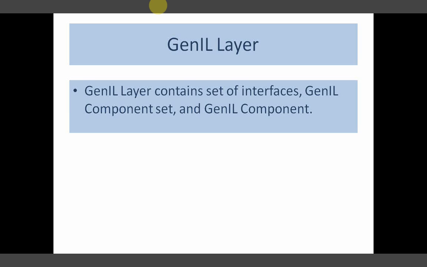The purpose behind that is, whenever the request comes from the bool, they don't want to load all the components that reside in the Genil layer. So it will load the respective component set. In that set, we would have a group of components which are responsible for providing the required business data to the upper layer.